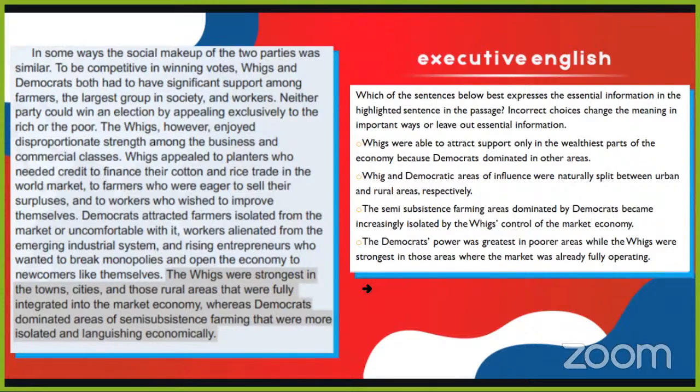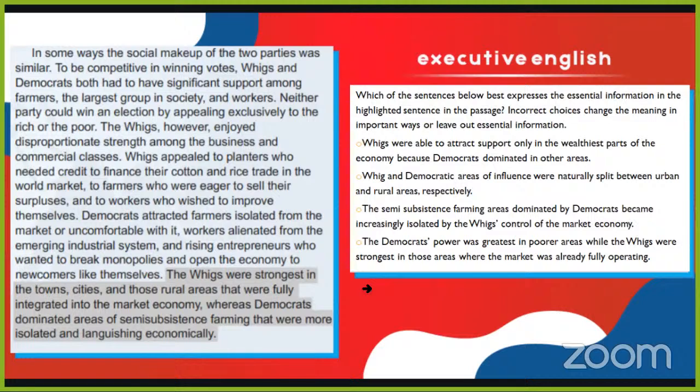Whigs appealed to planters who needed credit to finance their cotton and rice trade in the world market, to farmers who were eager to sell their surpluses, and to workers who wished to improve themselves. Democrats attracted farmers isolated from the market or uncomfortable with it, workers alienated from the emerging industrial system, and rising entrepreneurs wanting to break monopolies and open the economy to newcomers like themselves.